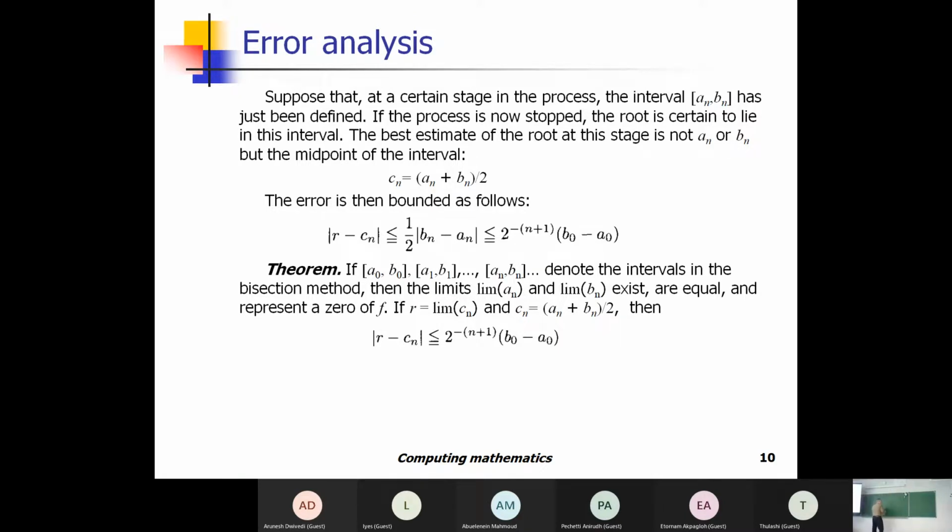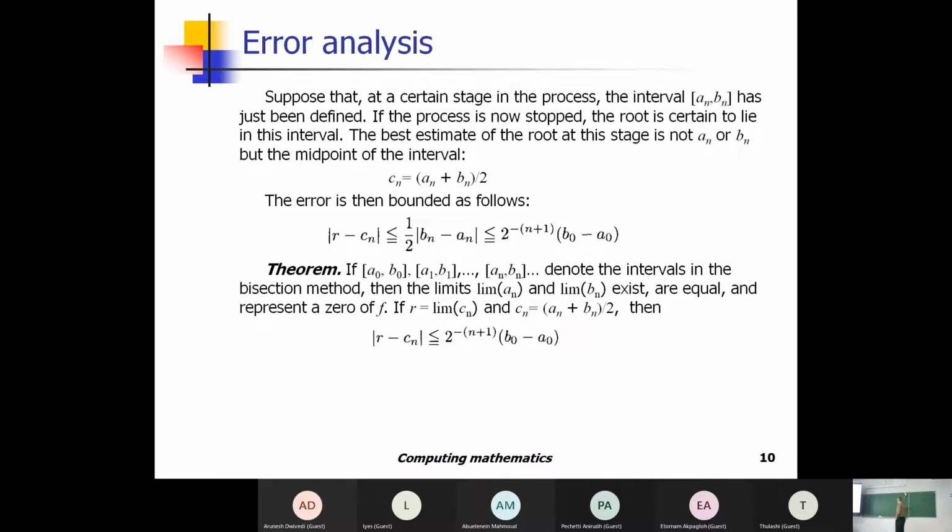Let me write it here. The formula is on the presentation, but I will draw the picture on the board. Suppose that this is the point An. Suppose that this is the point Bn.